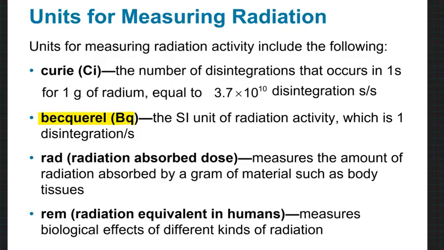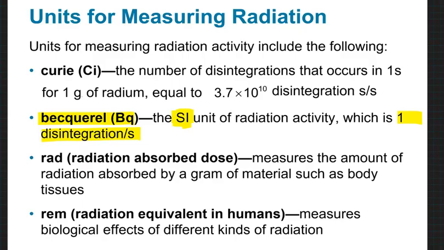Becquerel is the international system unit of radioactivity, which is very simple: 1 disintegration of any kind per second. Make sense? It means that there is a nucleus, and the nucleus falls apart, and that happens over 1 second, okay?